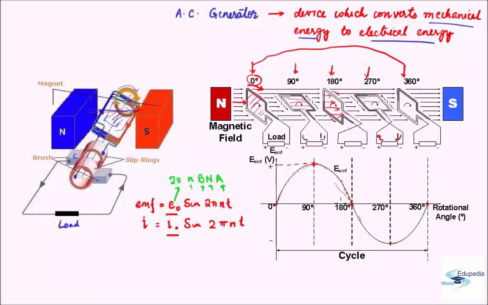Now, what are the advantages of AC over DC? AC's advantages over DC are that you can tailor the amount of voltage. You can increase or decrease the amount of voltage in an AC system by using what is known as a transformer. You cannot really do that in case of DC settings.